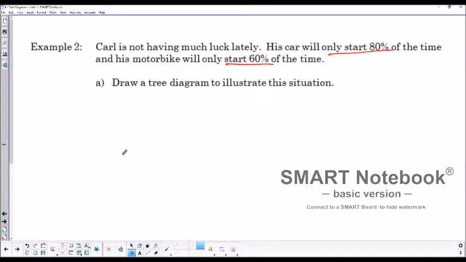Basically, we've got one vehicle, either it starts or it doesn't, and then we've got another vehicle that either starts or it doesn't. So we can organize this by saying vehicle 1, maybe that's the car, and vehicle 2.